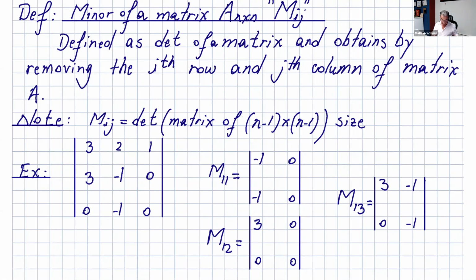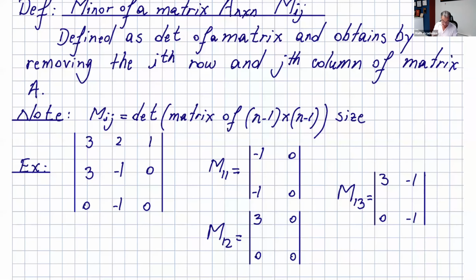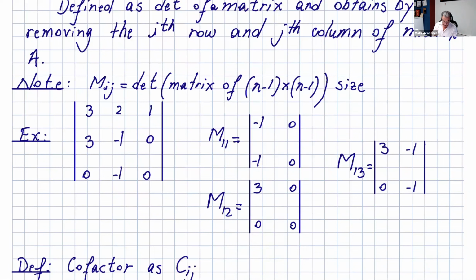So for example, let's see for this matrix, if I want to find the determinant, which we're going to get to, but let's see what the minors are. The minor M11 means the minor of this entry. It is the determinant of the matrix if we hide the first row and the first column, and we see we're left with this matrix.